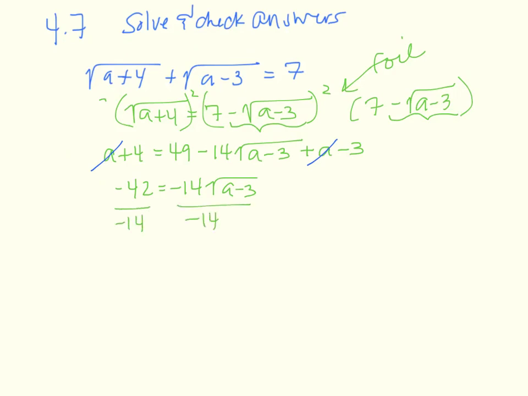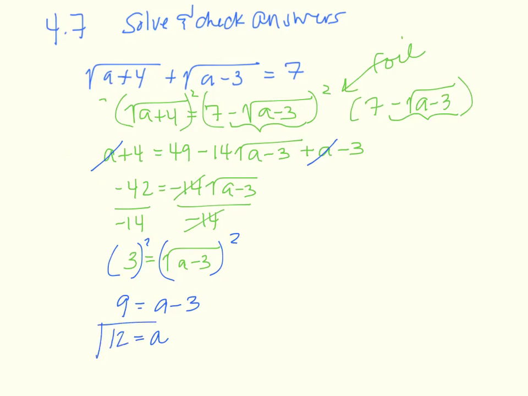If not, I could leave it there and just square this side. This is going to give me 3 equals root a minus 3. Now I will square each side again, giving me 9 equals a minus 3. I'm going to move the 3 over and get a equals 12.